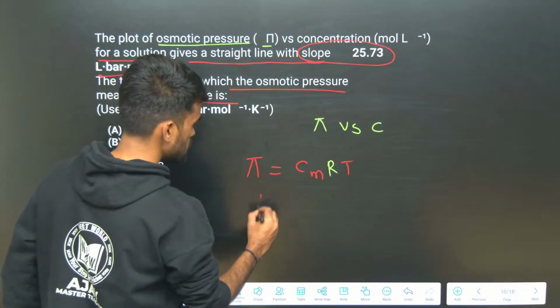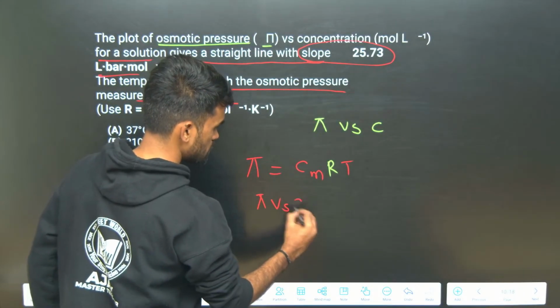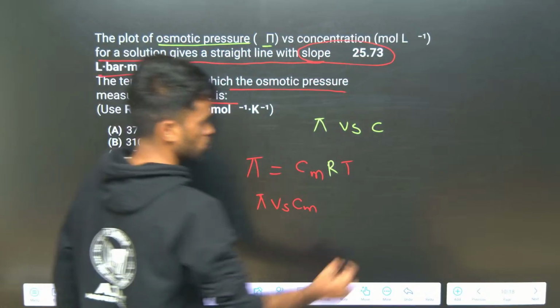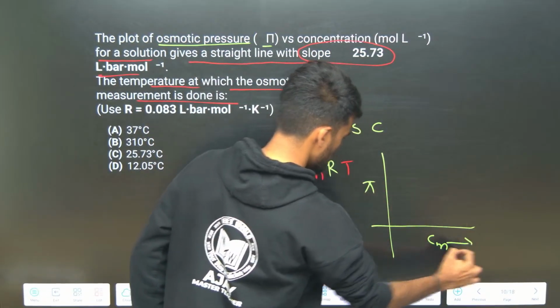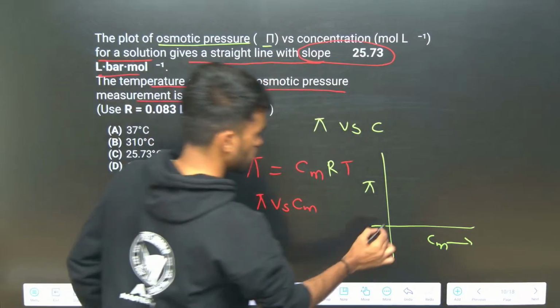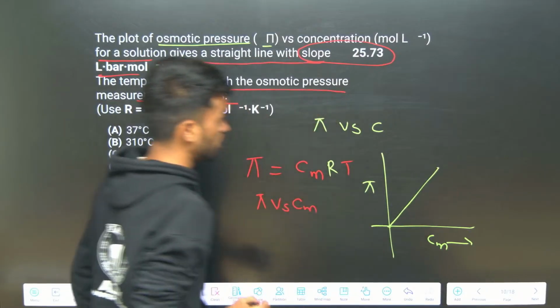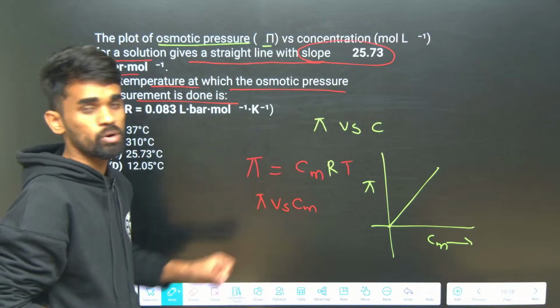The graph is pi versus molar concentration Cm. If I take pi here and molar concentration here, we get a straight line with a slope of 25.73.